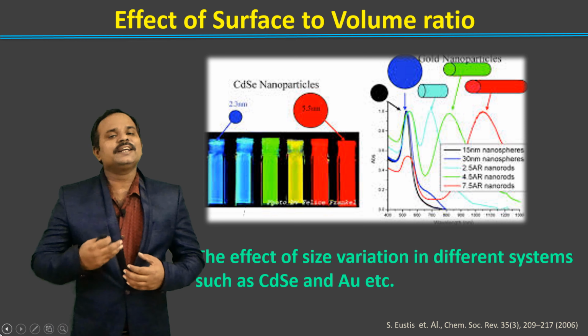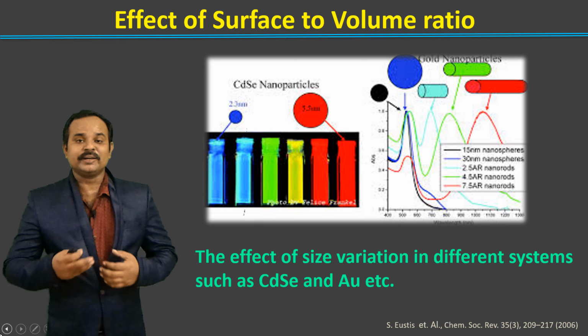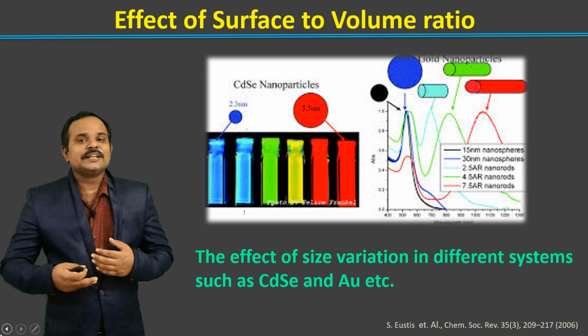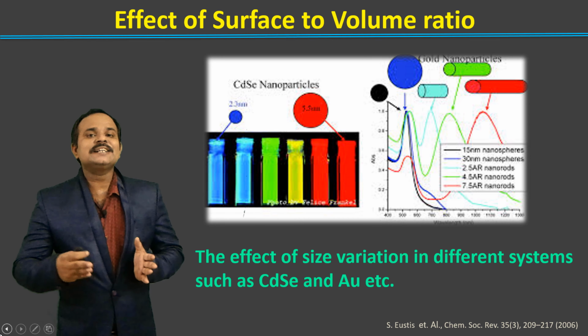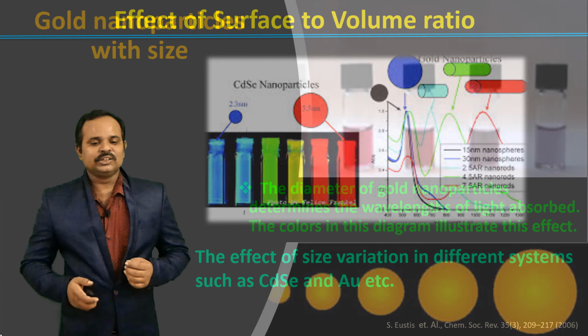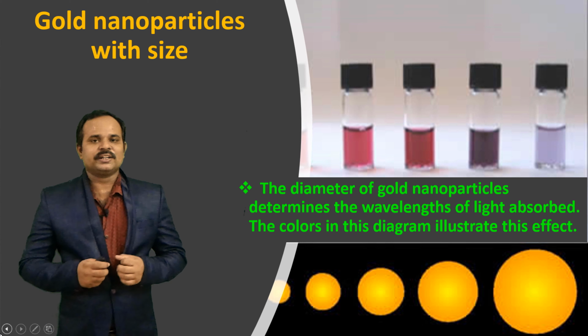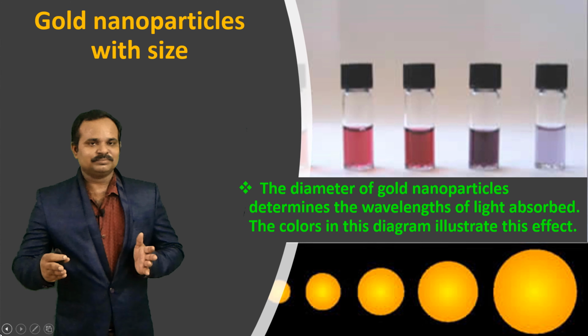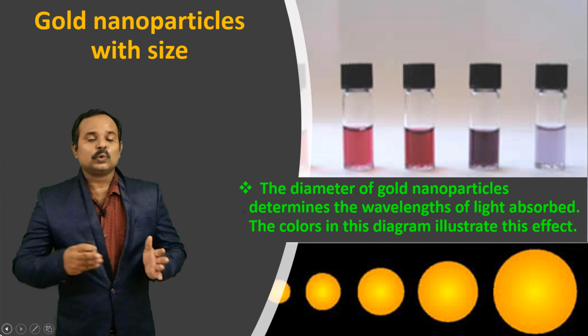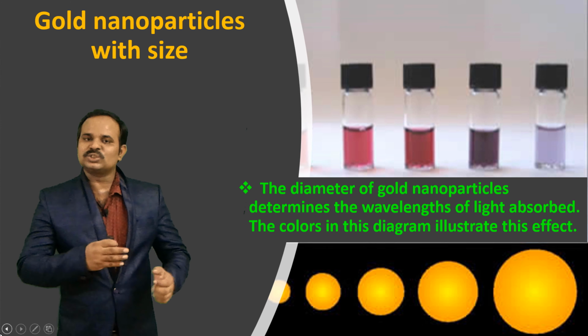That means it is emitting a different wavelength. That means its optical properties are completely different and depend upon the size of the particles. Similarly, you can also see gold nanoparticles. As the size is increasing or decreasing, we can see the color of the nanoparticles is also changing.